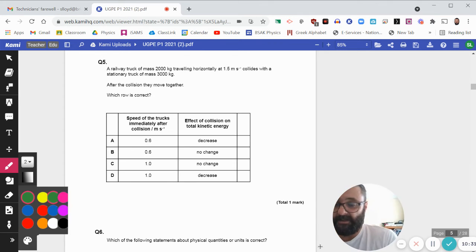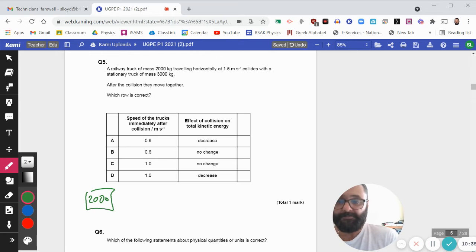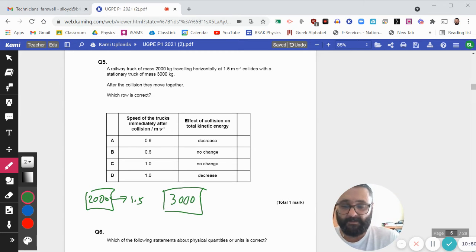We've got 2,000 traveling at 1.5. I'm not going to write the units here, sorry. Someone will come in and shout at me, I'm sure. 2,000 traveling at 1.5 hits a stationary 3,000. Now they stick together. They stick together because it says they move off together.